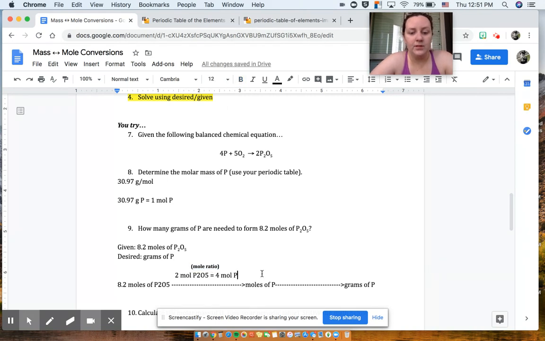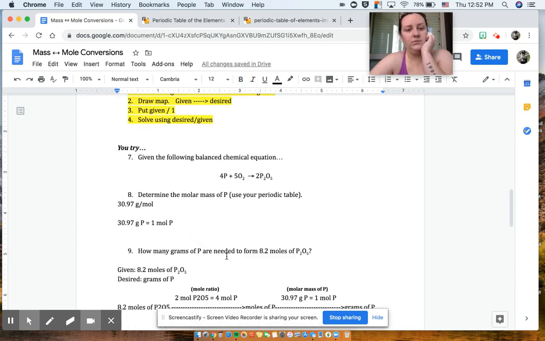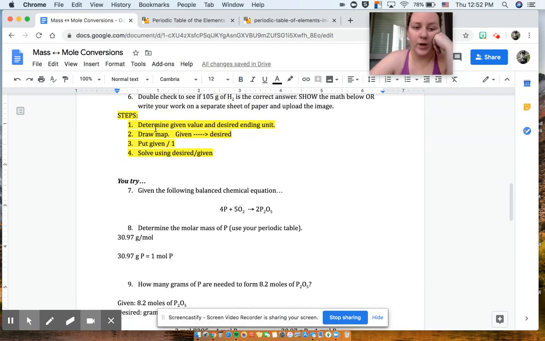Okay. Now we want to get from moles of P to grams of P. Remember, we already calculated the molar mass that compares moles of P and grams of P. So I'm just going to copy that and put it here. That's my molar mass of P, my conversion factor there. So we've now done steps 1 and 2 for our conversion factor problem.